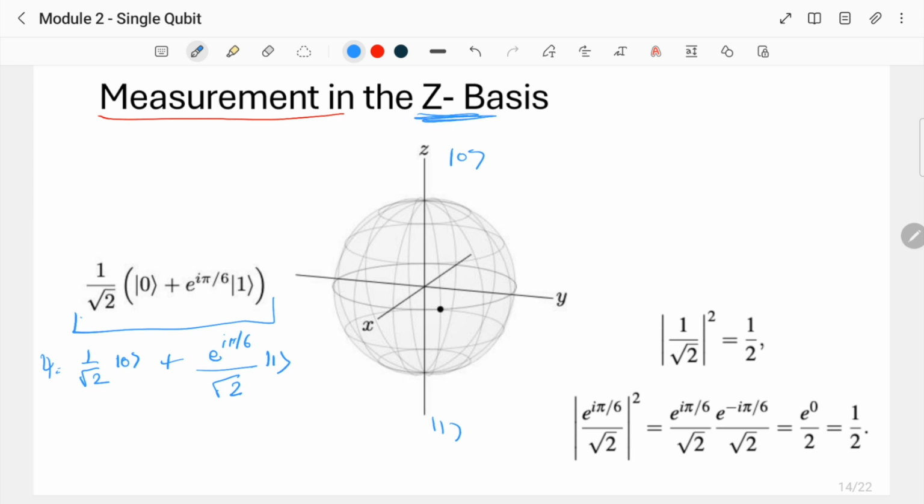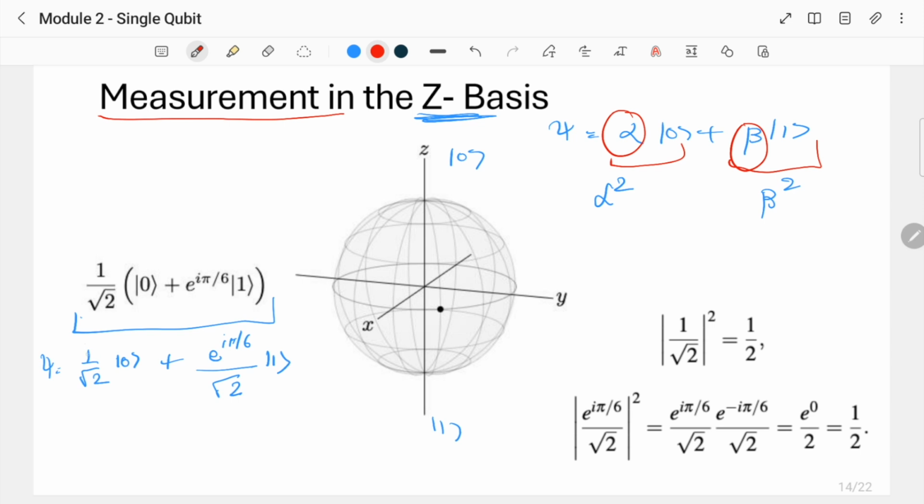That's what we find the probability of. And how do we find the probability? Let's say psi is equal to alpha 0 plus beta 1. We take these amplitudes and square them, alpha squared, beta squared. These give us the probability of the qubit being in 0 or 1 when we measure it.